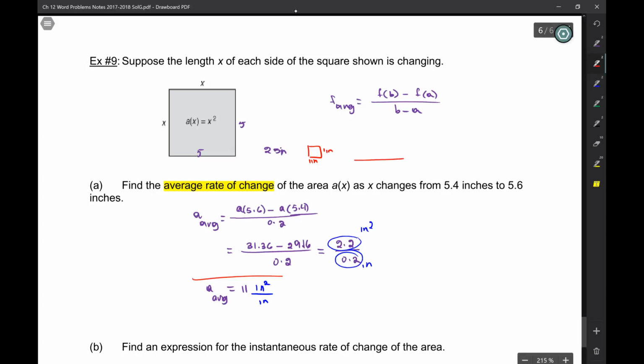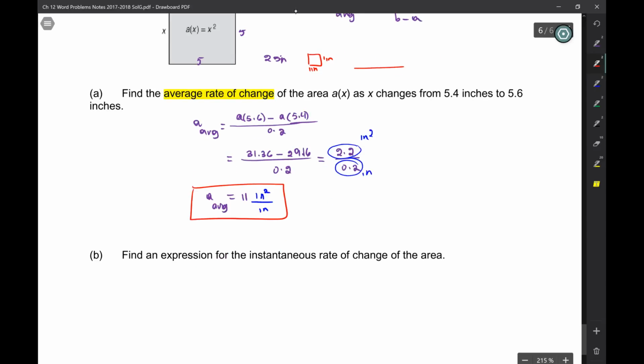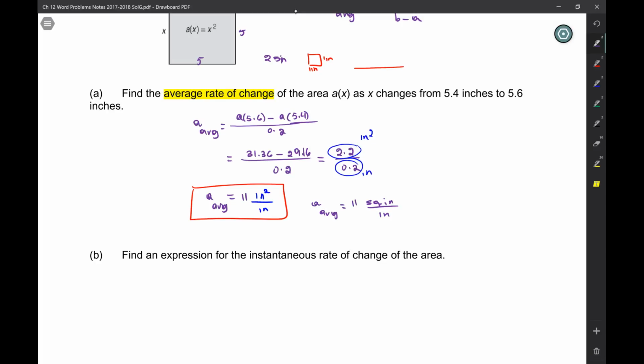So the units of this would be square inches per inch. In fact, I would also be prone to write this as 11 square inches per inch. Mathematically that's right. Just don't write inch.